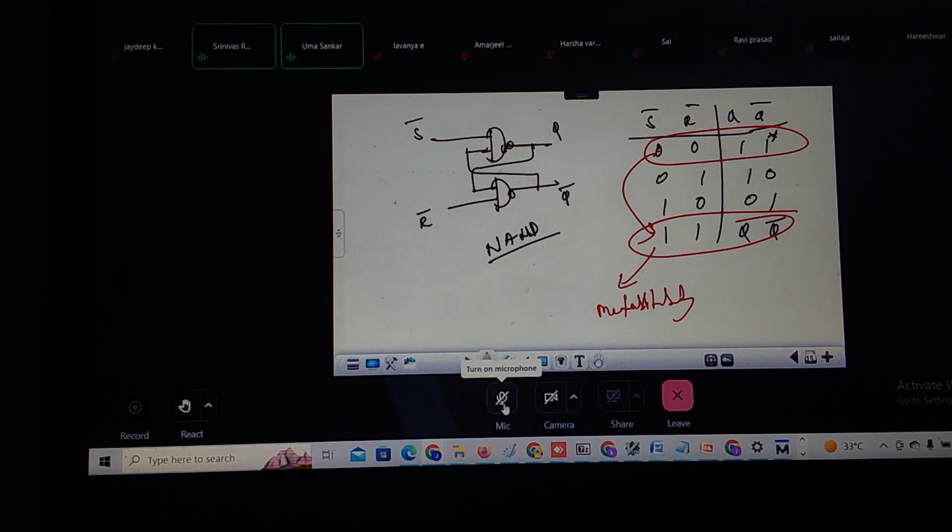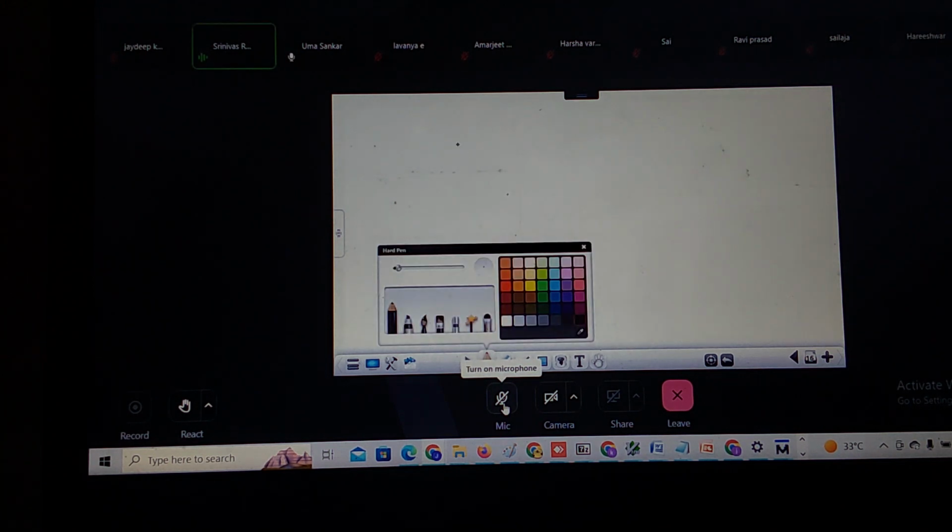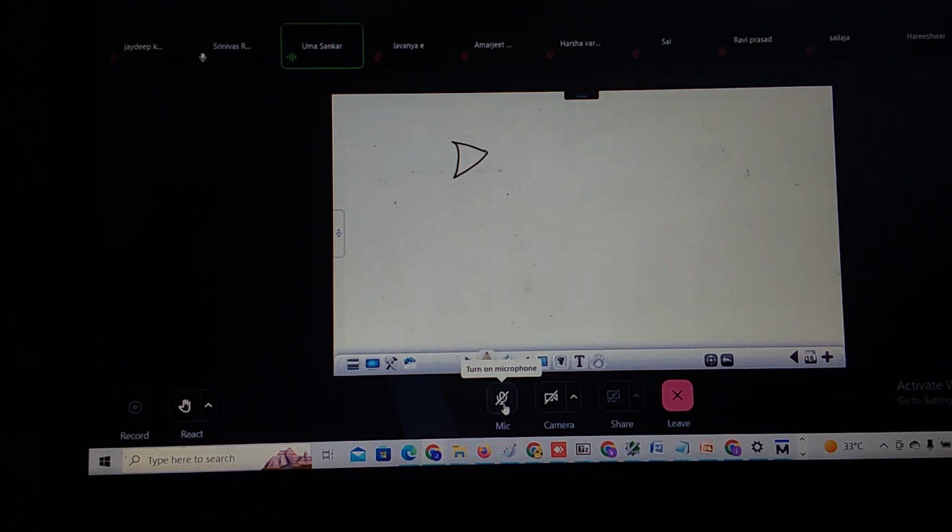Yes, sir. Understand. Sir, while we are analyzing the flip-flop using initial condition S and R as 0, 1, is it possible to analyze using 0 and 0? Why do you need to take any one condition? Let me clarify this.